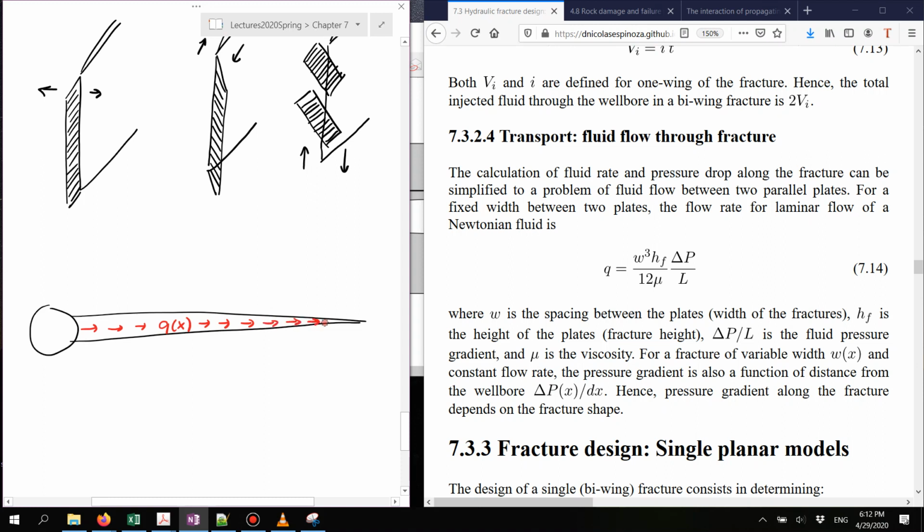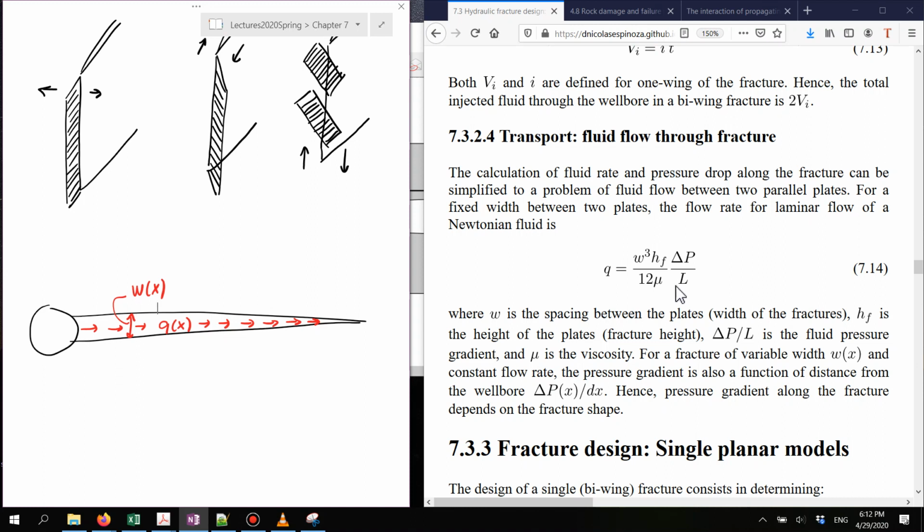And let's forget for a minute about the leak-off. This flow rate is going to depend also on the width of the fracture. For two parallel planes, the solution of this flow rate is given by this equation.